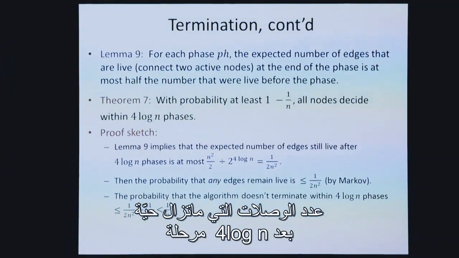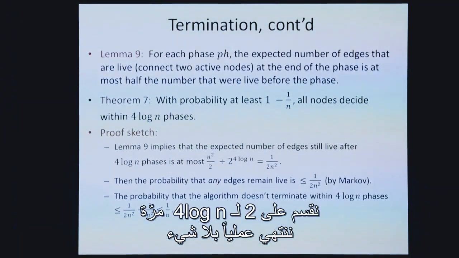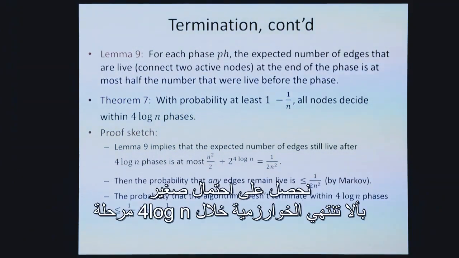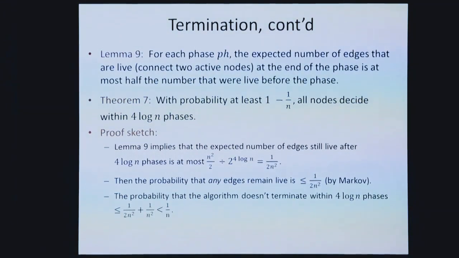The number of edges that are still alive after 4 log n phases, well, you divide by 2 4 log n times, so you get down to practically nothing. The probability any edges are alive at the end is very small. So you get a small probability the algorithm doesn't terminate within 4 log n phases. There's an extra little term I threw in here.